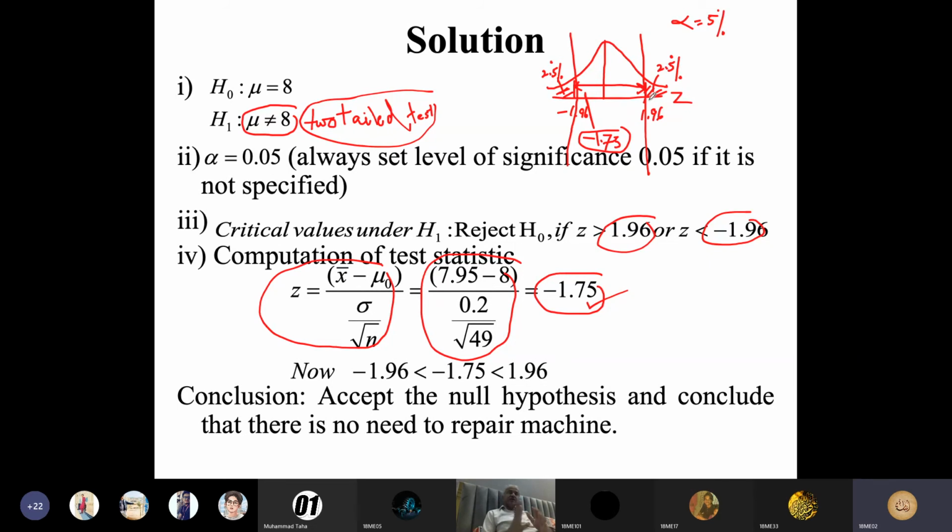Is -1.75 falling in the safe zone or the critical zone? Safe zone, sir. So if it is falling in the safe zone, then do you reject your hypothesis or accept the hypothesis?